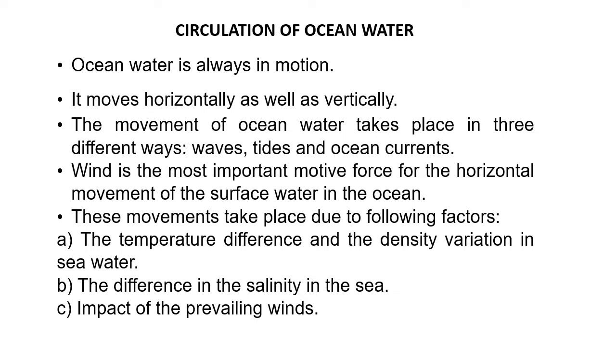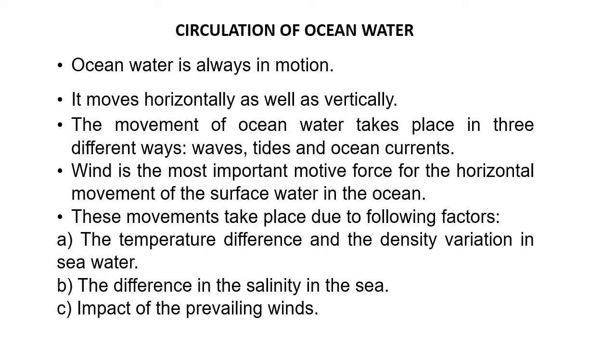In all these types of movements, wind is the most important motive force for the horizontal movement of the surface water in the ocean. And these movements take place due to the following factors: the temperature difference and the density variations in the ocean water.